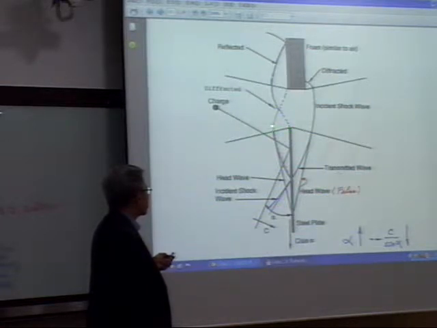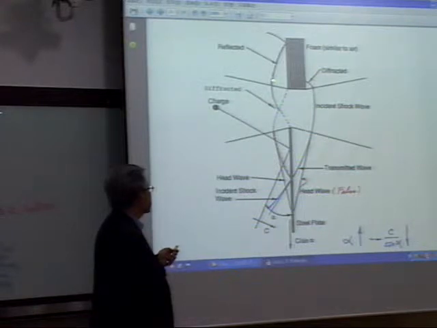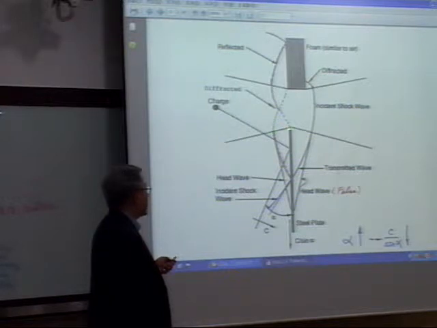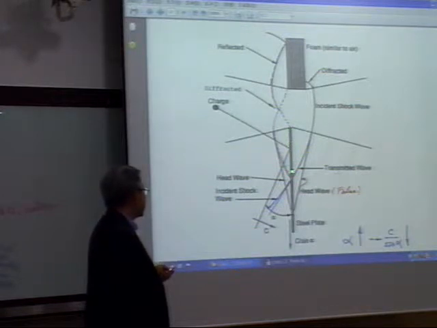So it diffracts out like this. It continues here, then diffracted here, this way. This portion is reflection from the plate, and this portion is transmitted through the plate.